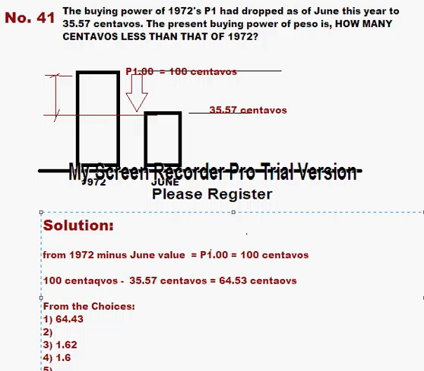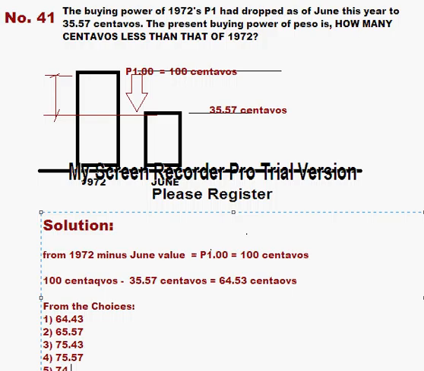Number 2 is 65.57. Number 3 is 75.43. The choice given for number 4 is 75.57. And then 5 is 74.43.